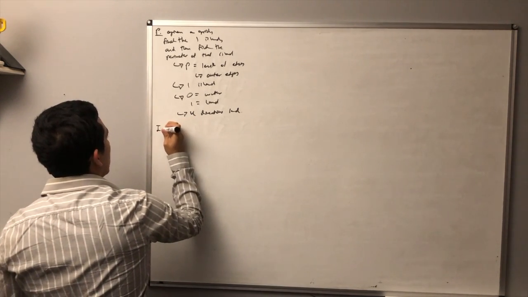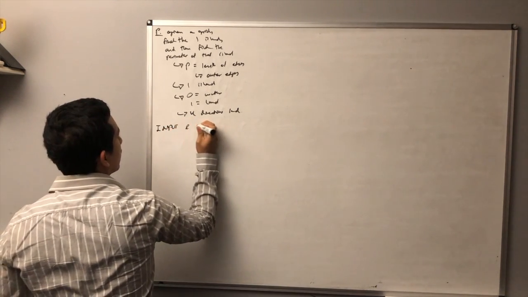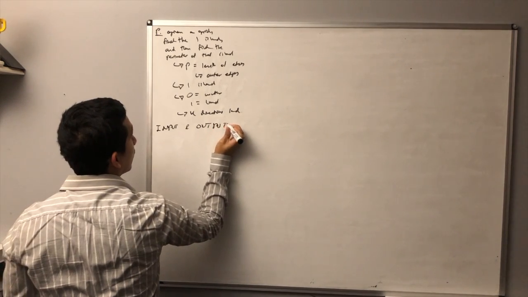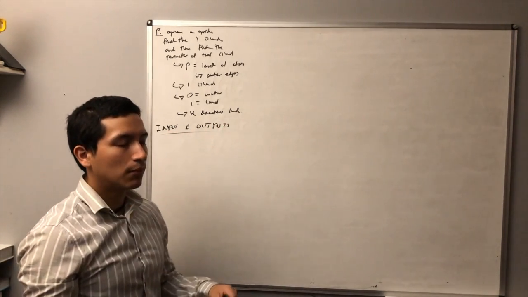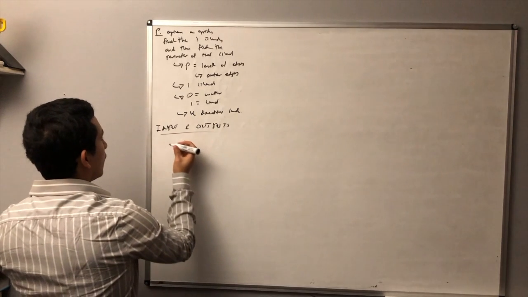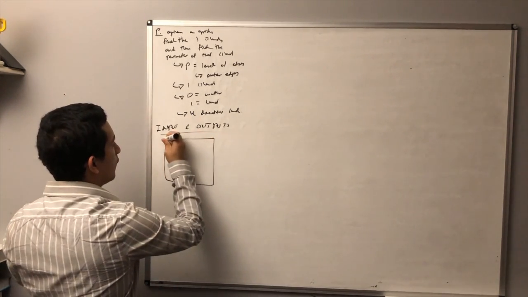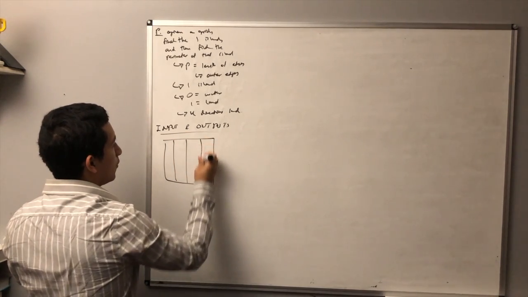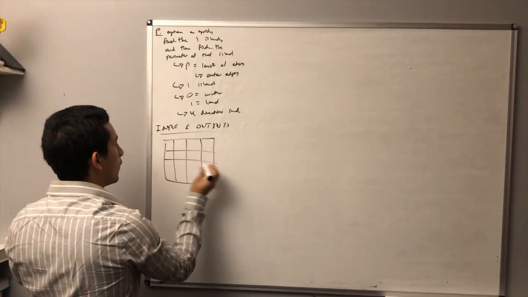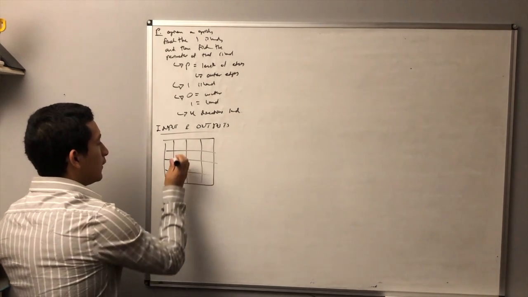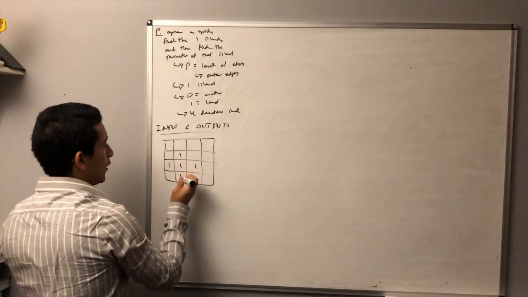Okay, so in inputs and outputs, what's something we could be given, and what should we expect from our solution? So an example is if we're given a graph that looks like this. So let me just create a simple graph here. Well, not a graph, it's more like a grid. In this case, have our island be here.